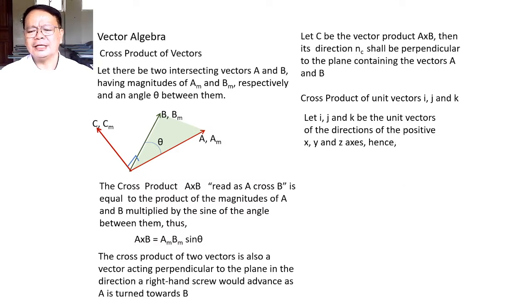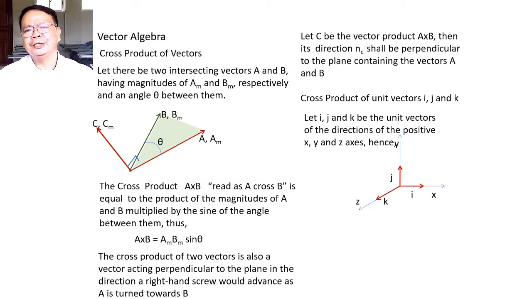So imagine that this is our XYZ axis, such that this direction is the direction of the positive x-axis, herein represented by i, while this direction is the direction of the positive y-axis represented by j, and this direction is the direction of the positive z-axis represented by k.